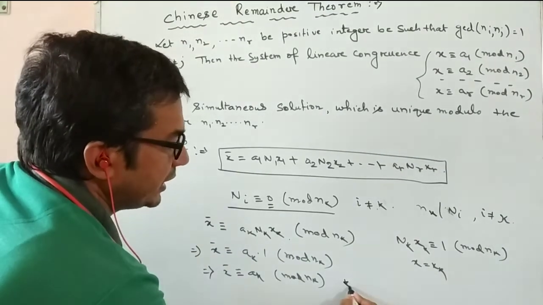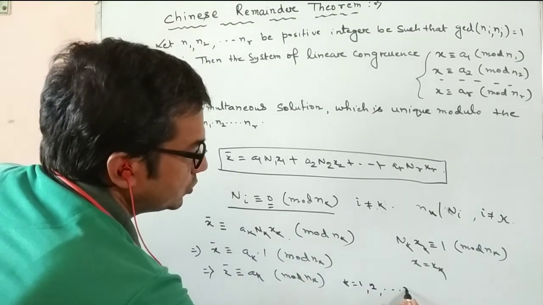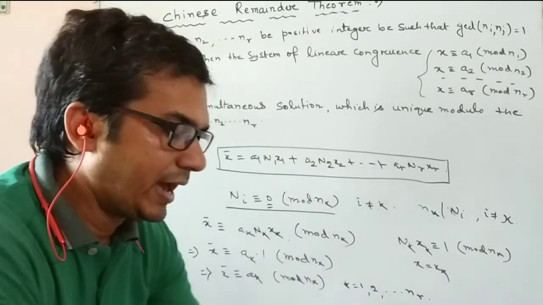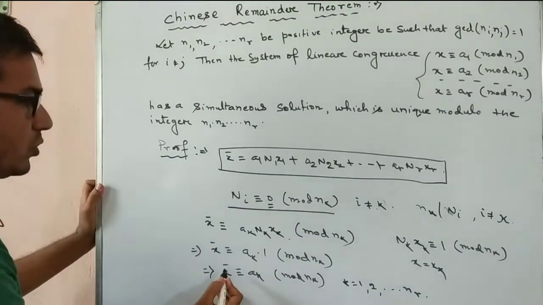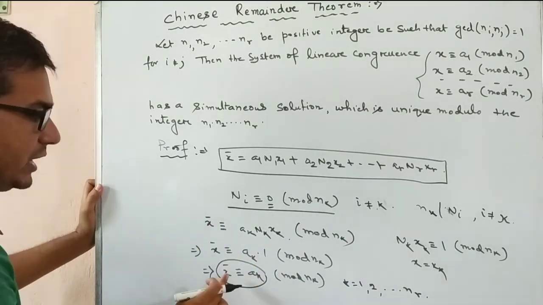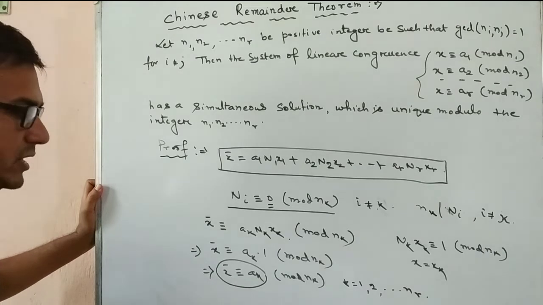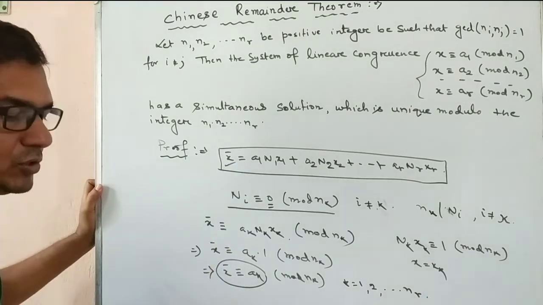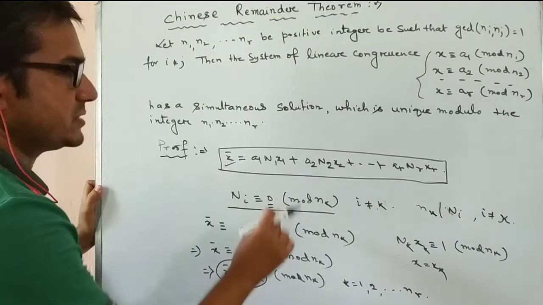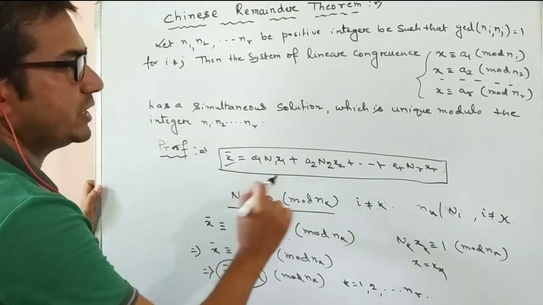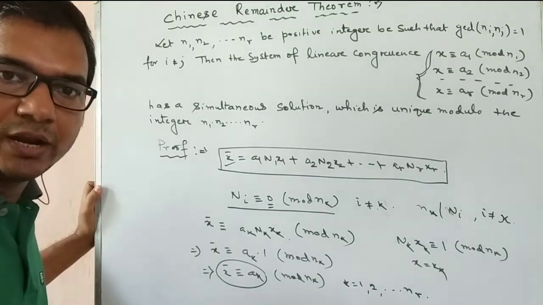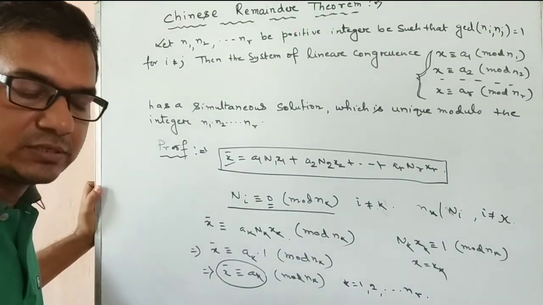Here k equals 1 to r. Since for all values of k the integer on the left hand side is the same, that is x bar, we say that x bar is the solution of the given system of r linear congruences.